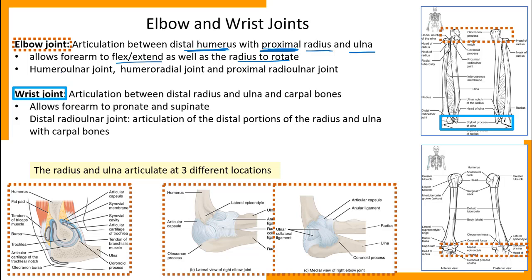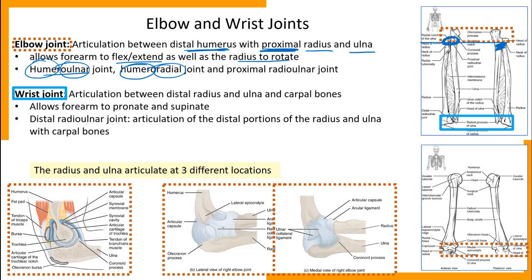So the elbow joint is made out of the humeral ulnar joint, so the joint that connects the humerus to the ulna, the humeral radial joint connecting the humerus to the radius, and then the proximal radial ulnar joint, which connects the proximal part of the radius to the ulna over here.